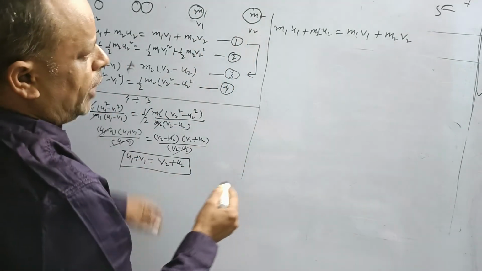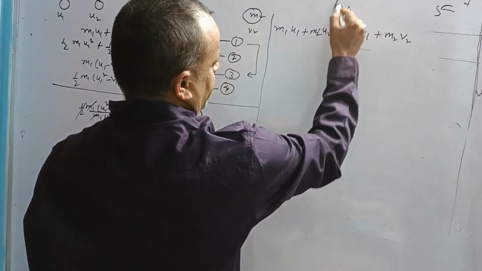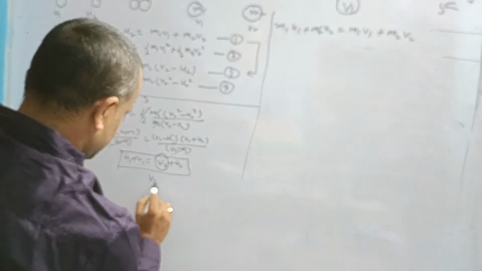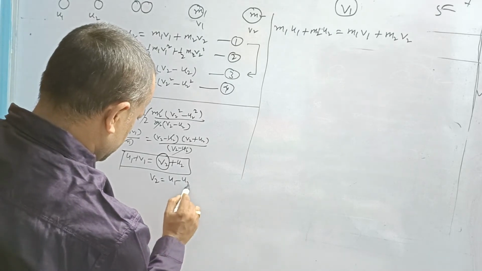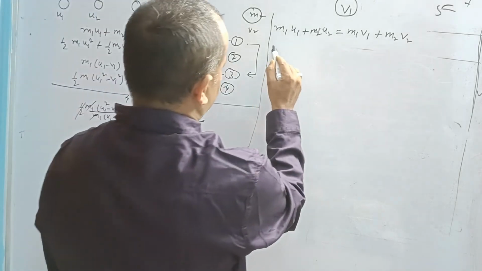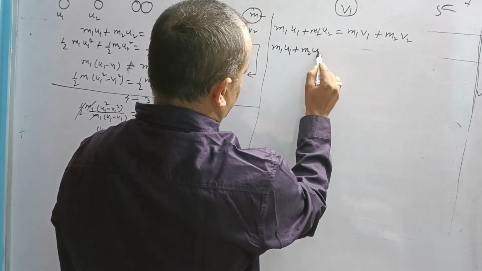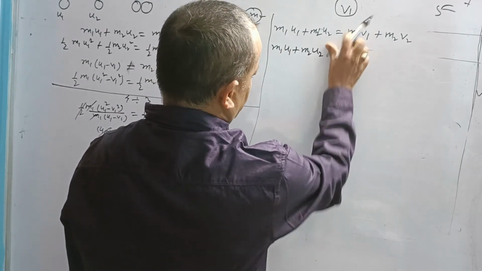See, our objective is to find V1. We will eliminate V2 using V2 equals U1 minus U2 plus V1. Over here what we'll do is let's substitute the value of V2 in equation 1.